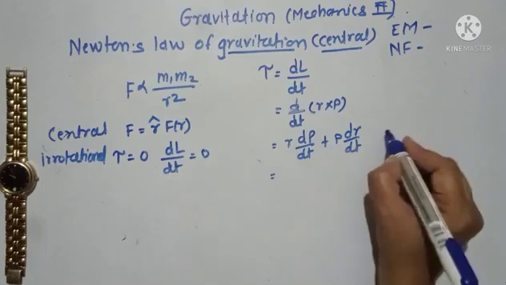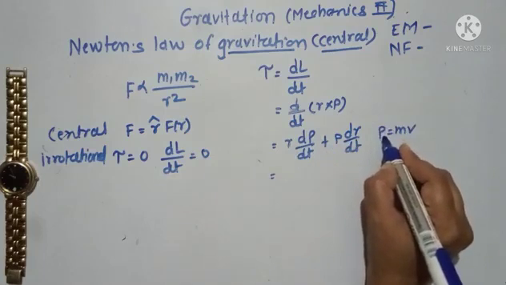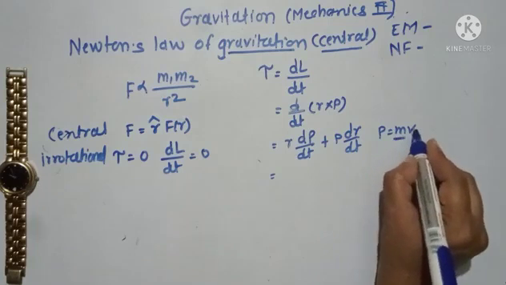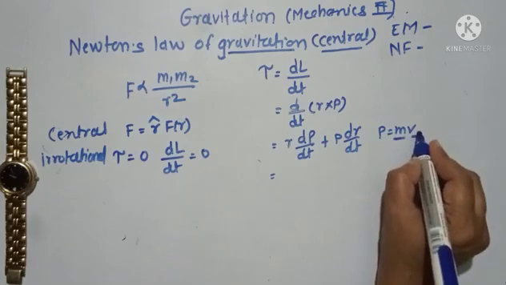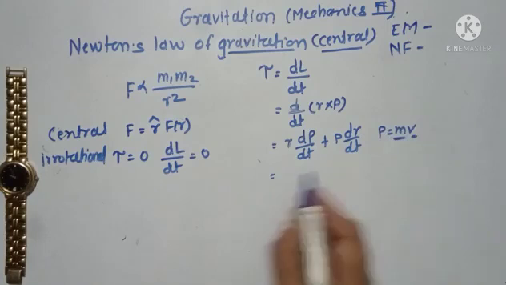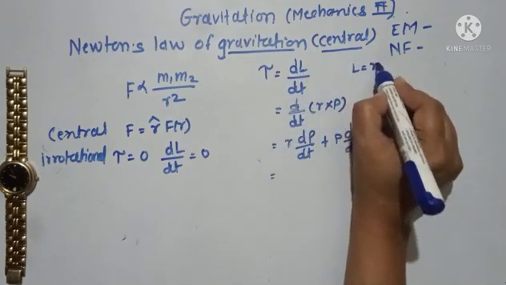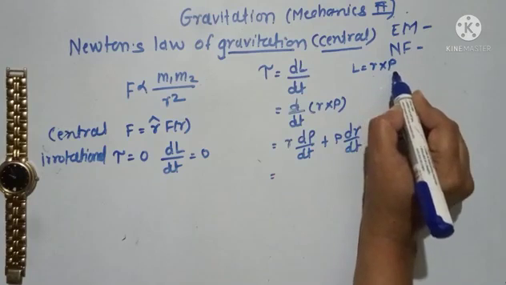Let us put the value of p equal to mv. We know that p is the linear momentum. If m is the mass and v is the linear velocity of any object, then the linear momentum p is given by p is equal to mv. And L is the angular momentum, given by r cross p, where p is the linear momentum.